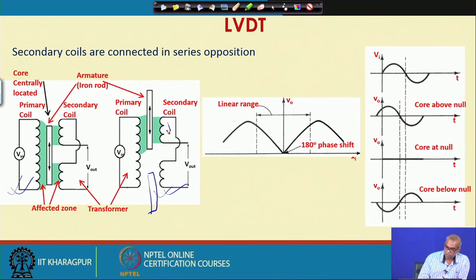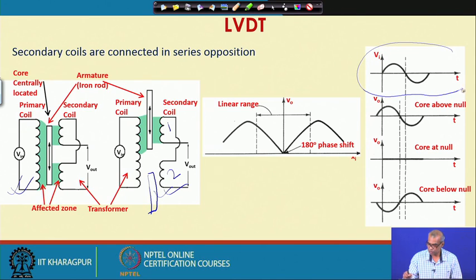this secondary coil 1 will not be affected, but secondary coil 2 will be affected. Now, let us say I am giving this sinusoidal voltage as input. When the core is centrally located or core is at null, my output voltage is 0. So, my output voltage by time graph will be like this. But when the core is above null or core is below null, we will have a non-zero voltage.